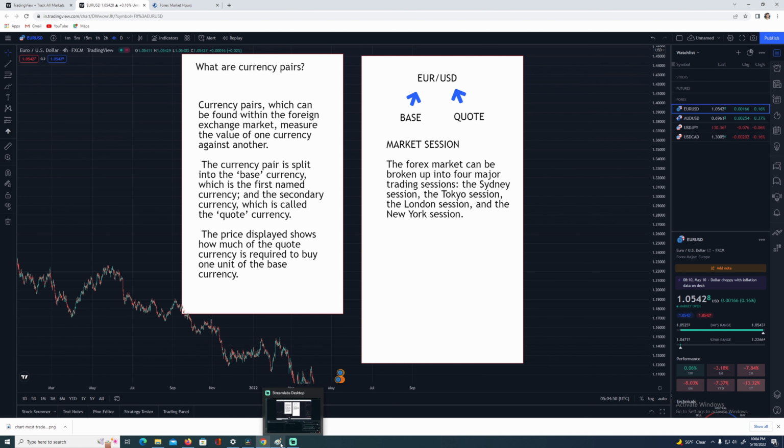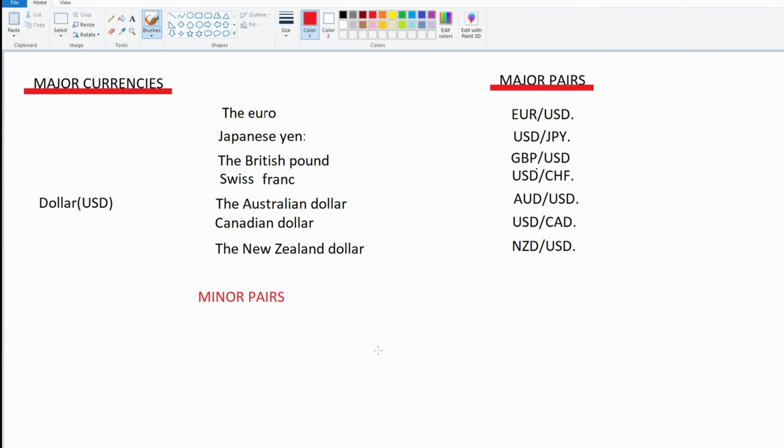Then we're gonna move into what are the major currencies and major pairs. Okay, so there are 8 major currencies, and that includes the dollar, the euro, the Japanese yen, the British pound, the Swiss franc, the Australian dollar, the Canadian dollar, and the New Zealand dollar.